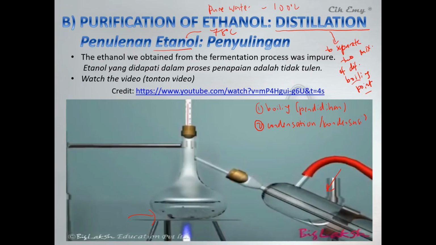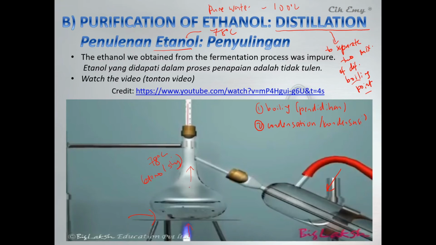Alright, so what happened here, when you heat the mixture, you will see the ethanol vaporize here. Kalau dalam kes kita ethanol lah. So, bila kita panaskan kat sini, bila suhu dia mencapai 78 degree Celsius, ethanol will turn into vapor. Dia akan naik dan jadi uap kat sini. Ethanol sahaja. Yang lain tertinggal kat sini.